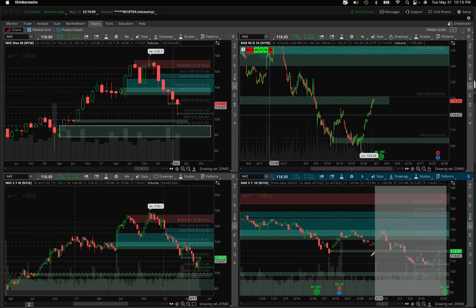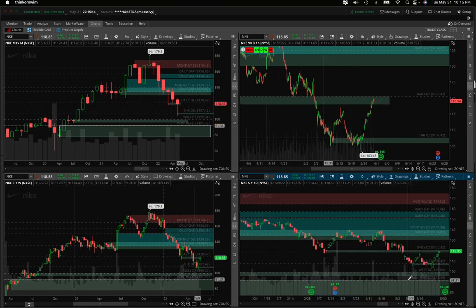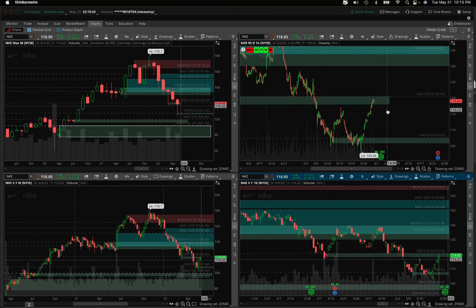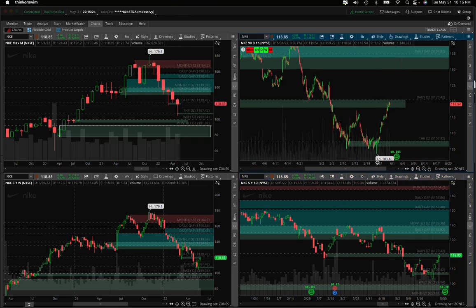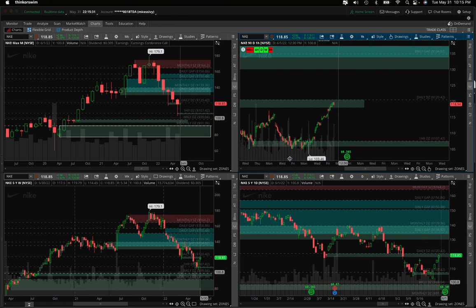So now basically we can see that we can make a nice move in Nike, right? If we look at the hourly chart, we can see that this candle is red. So I'm just going to zoom in.